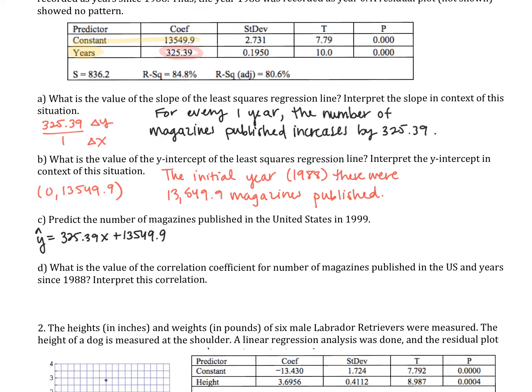So predict the number of magazines published in 1999. This is 11 years since 1988, so x equals 11. And we're going to plug that in. So y hat is equal to 325.39 times 11 plus that 13,549.9, and we will get 17,129.19 magazines were produced in 1999.